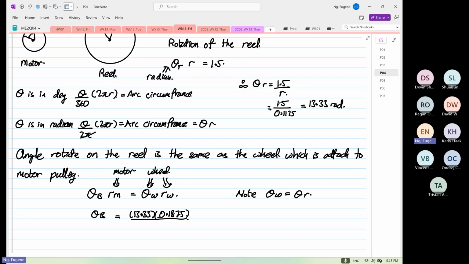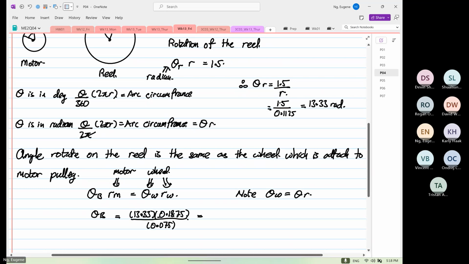Divide by the motor is 0.075. So it's taking the right radius, important, okay? So it's equal to 33.325 or 33.3 radians.